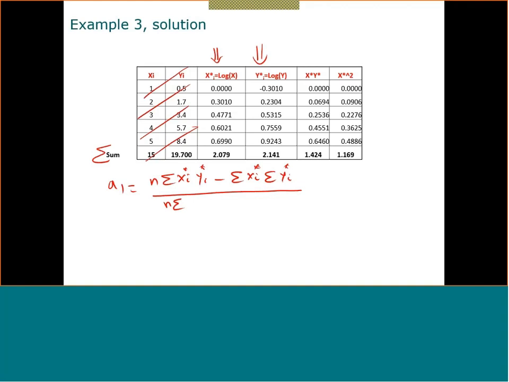Now what is n? It is the number of values, 1, 2, 3, 4, 5. So this becomes 5. Excellent. What is the summation of x of i star, y of i star?